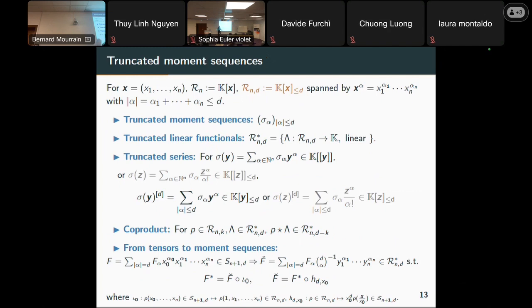The f star we have seen, which is associated to a given tensor or form, this element in the dual of polynomials of degree at most d in n variables, is in fact the composition of f hat with this substitution, which replaces x0 by 1.